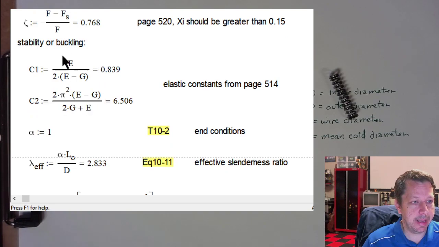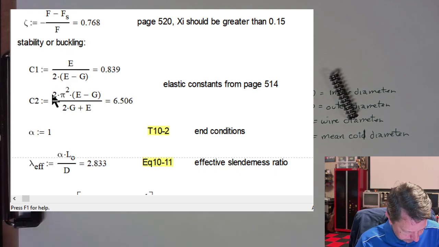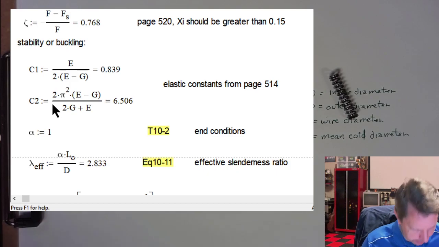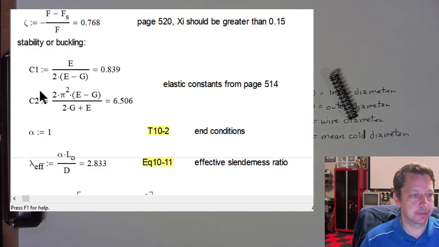So here what we have are a series of equations. These are all on page 514. I think all of these are. Chapter 10.5 is called stability. These C1 and C2, now in your book they're actually C'1 and C'2. I just don't have a way to put a prime symbol up here that I know of.